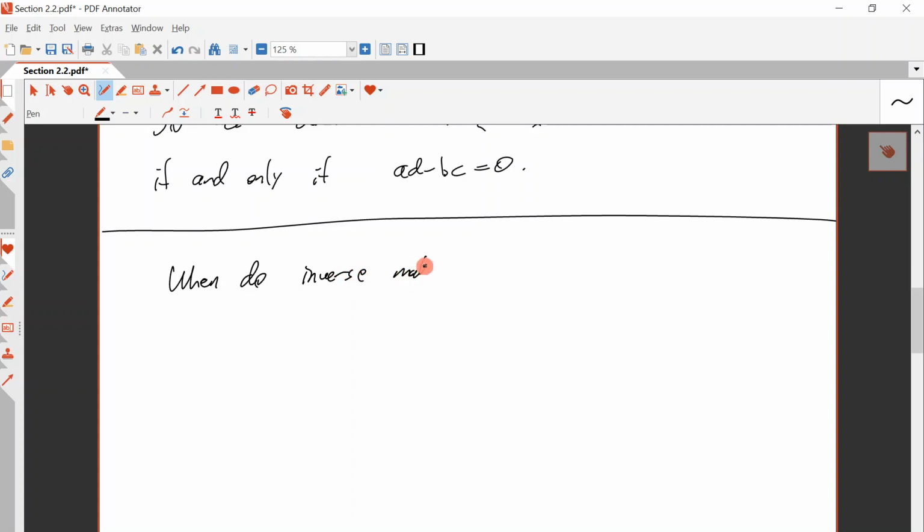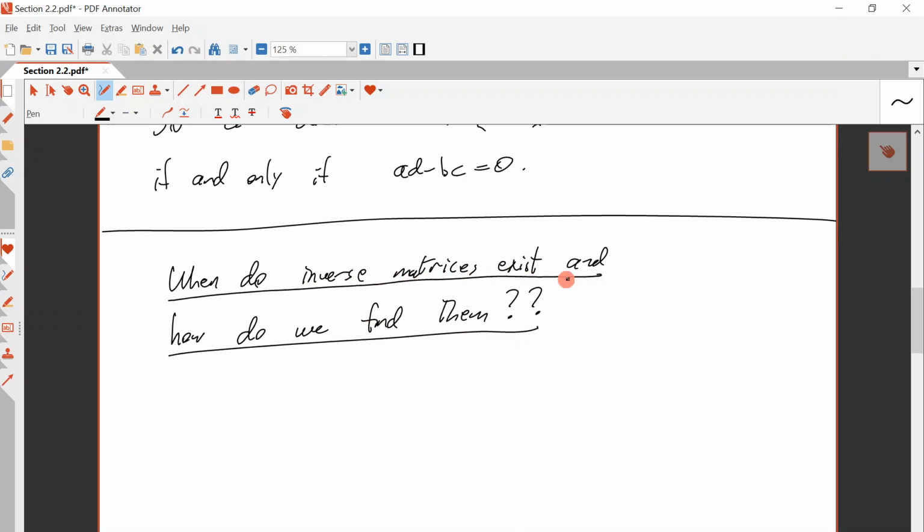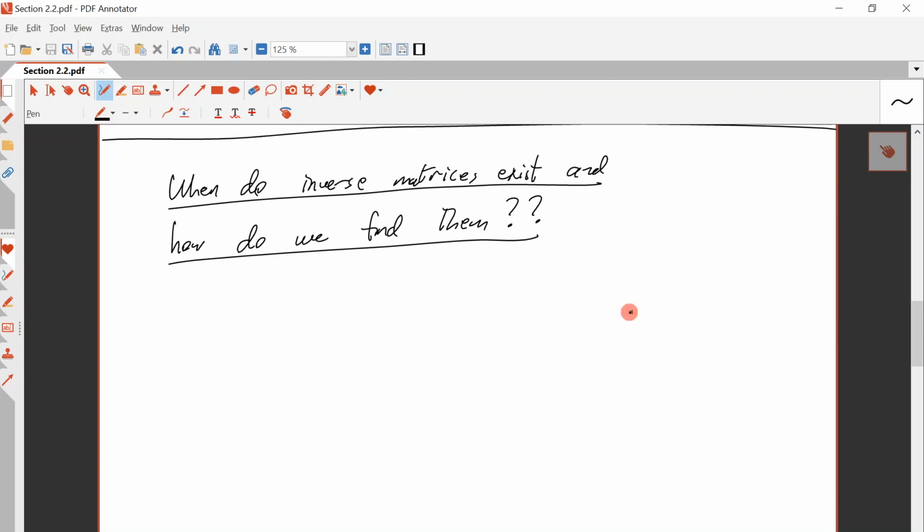When do inverse matrices exist? And how do we find them? Okay, well, before we do that, let's talk about elementary matrices first.